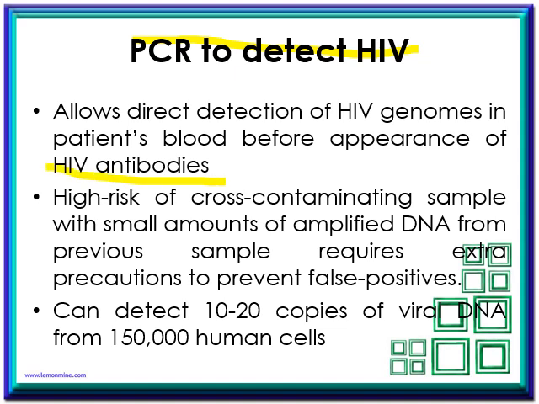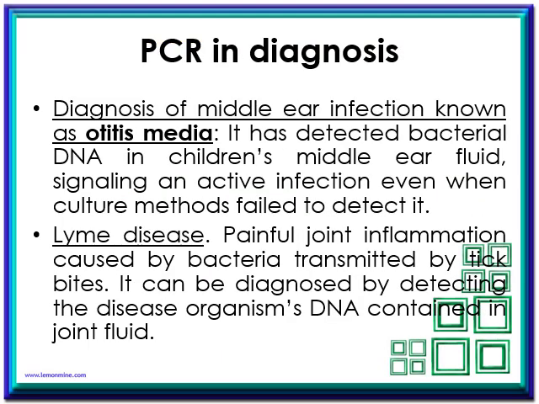The high risk of cross-contaminating samples with small amounts of amplified DNA from previous samples requires extra precautions to prevent false positives. PCR is used for diagnosis of middle ear infection, known as otitis media, and also for Lyme disease. Lyme disease is a painful joint inflammation caused by bacteria transmitted by tick bites.